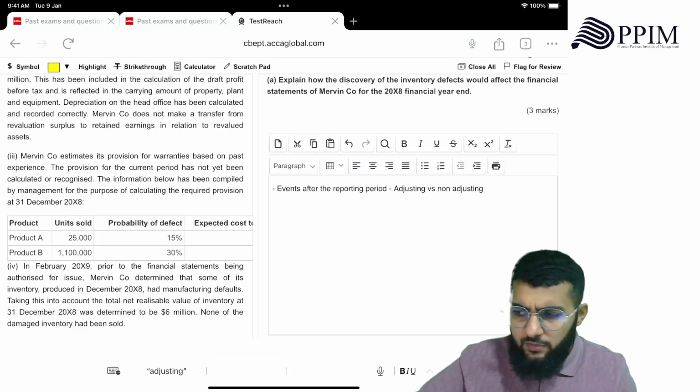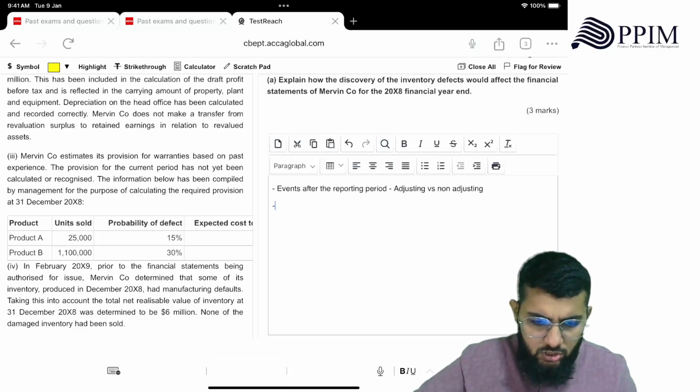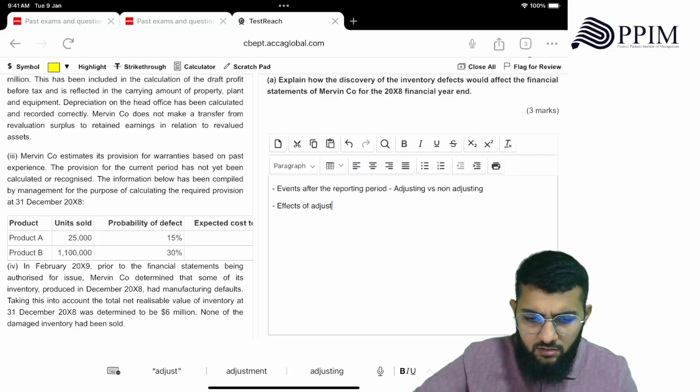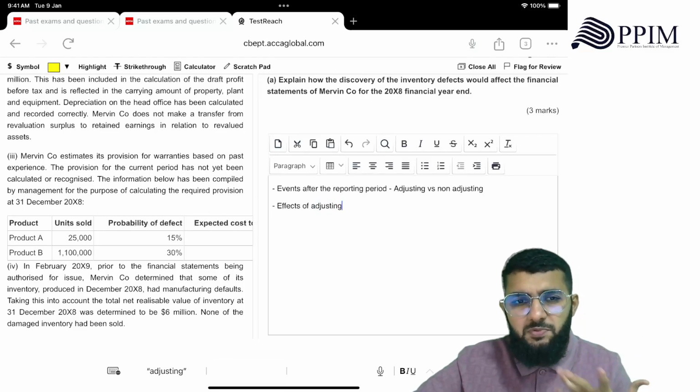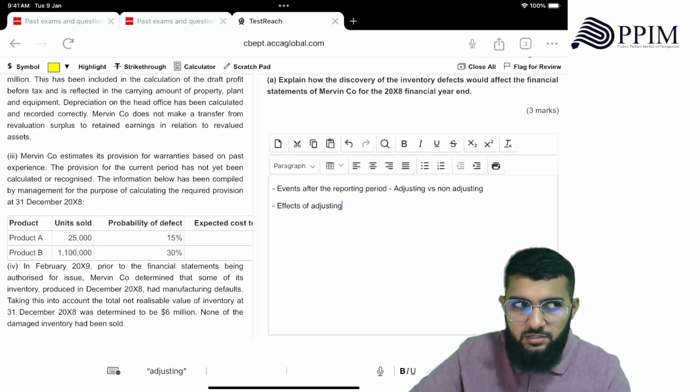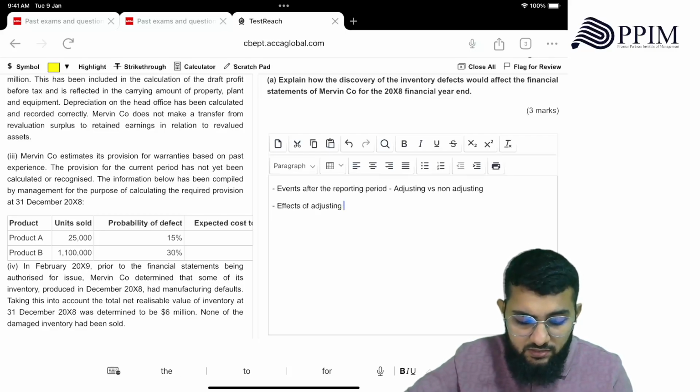Then you are going to talk about the effects of adjusting events. Now, these are 3-mark questions, so 3 well-explained points or 2 well-explained sentences are going to be good enough.